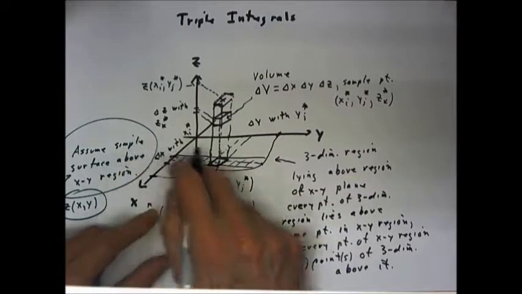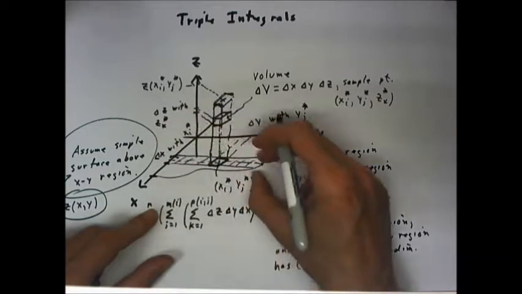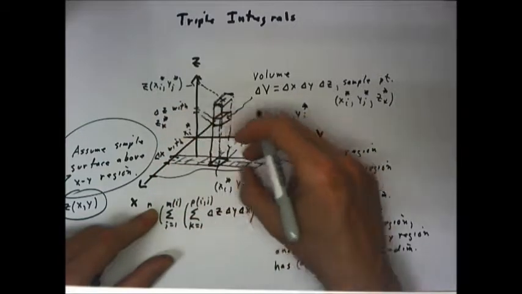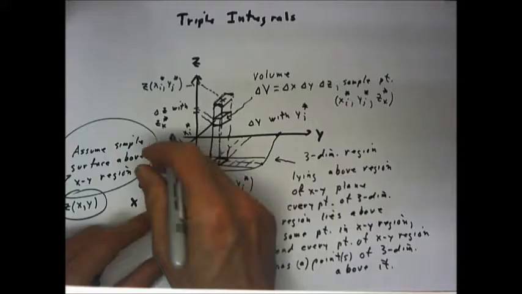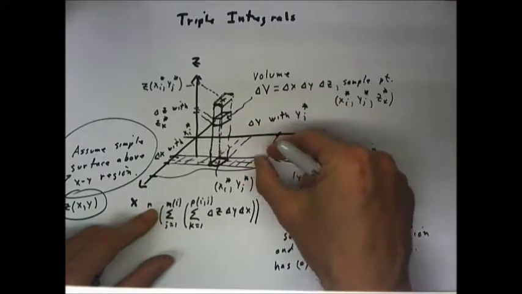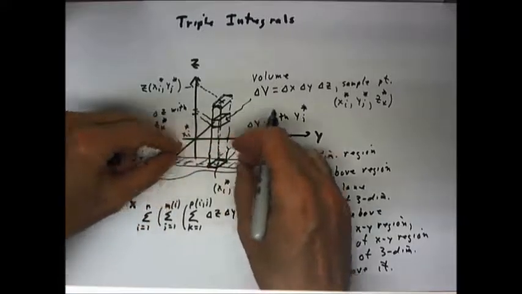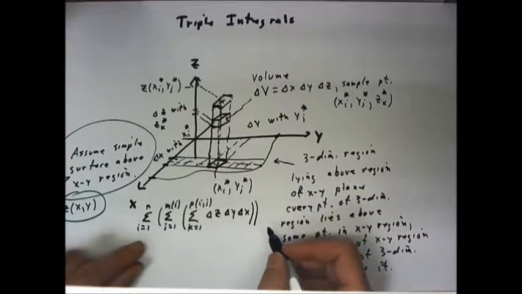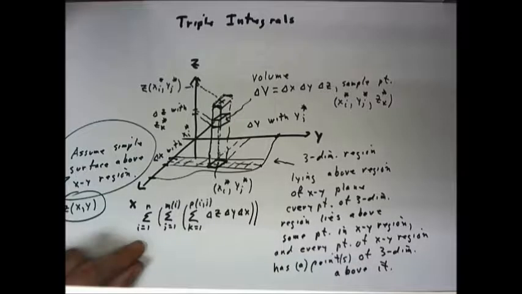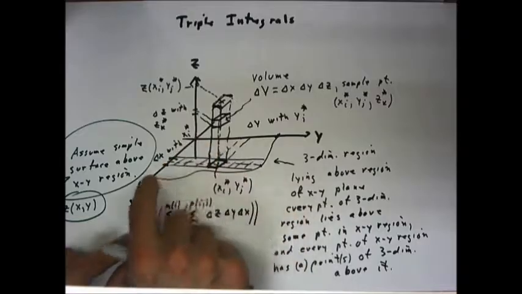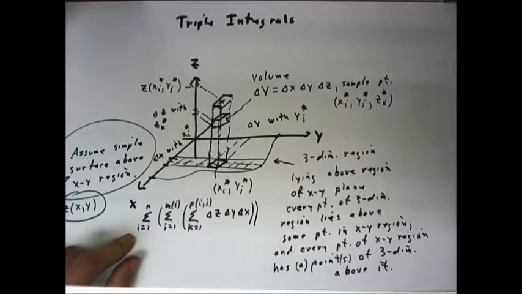Sum that over the j's, extending the volume to that of this entire strip, all the volume between the strip and the surface. And then we sum those with respect to our x partition.